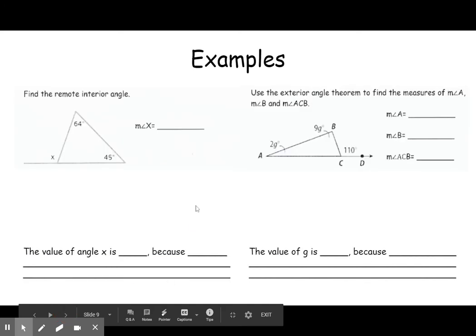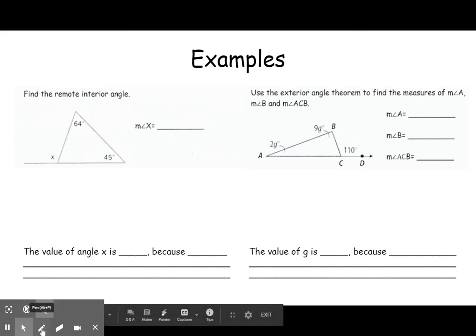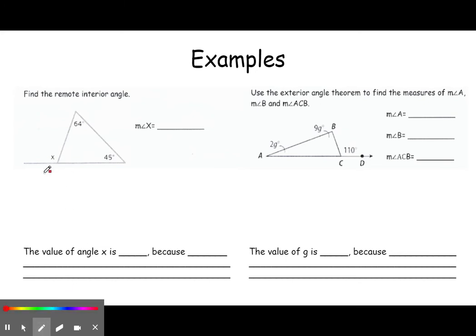All right, here are some examples where we need to find our value of x. I've got a triangle, and we've extended the base to create this exterior angle. We want to know the measurement of this angle. We know that the measurement of an exterior angle is equal to the sum of my remote interior angles.